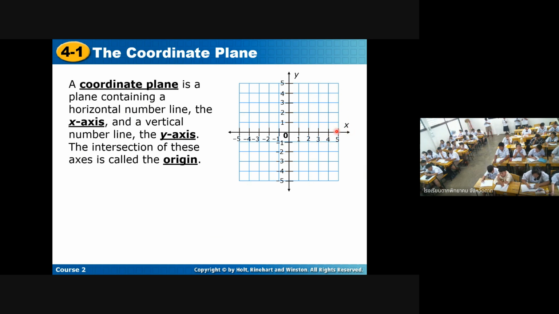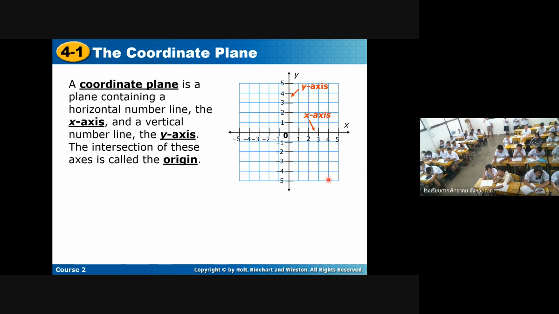Now, this horizontal line is what we call the x-axis, and the vertical line is what we call the y-axis.